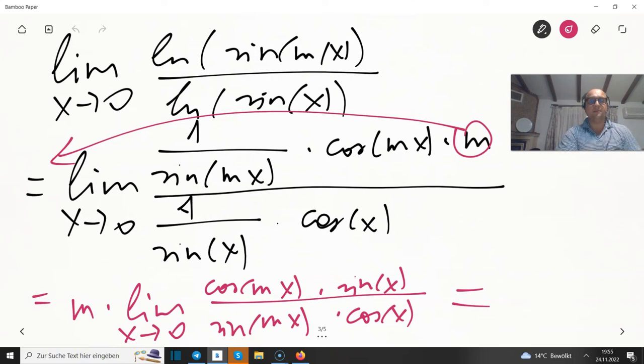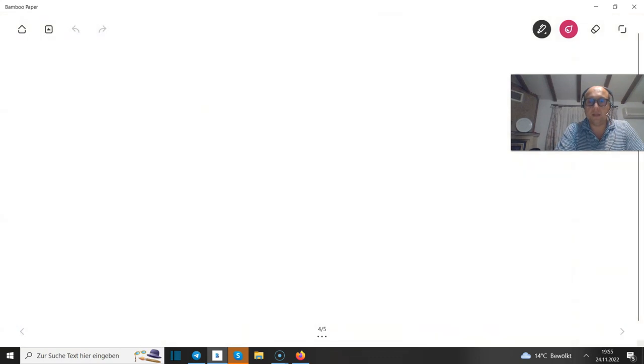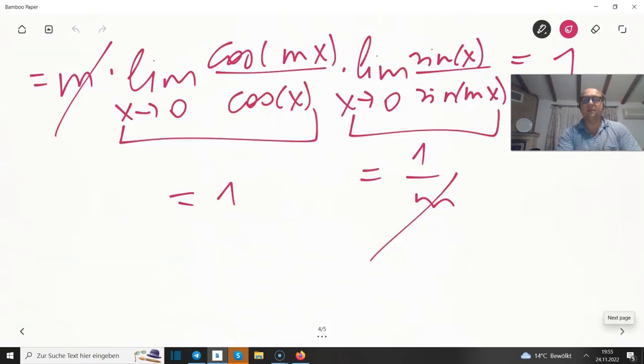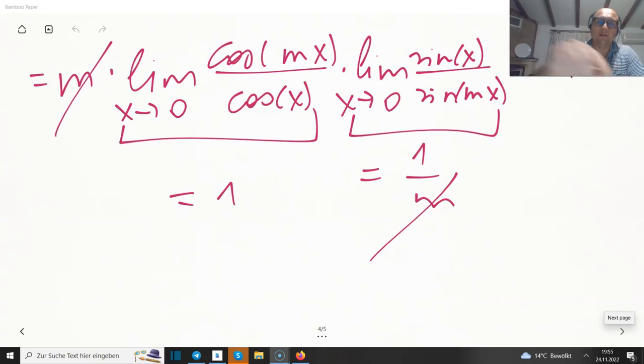Well, the thing is, I have a product of two factors, and if the limit of each factor does exist, I can split it into two parts. This is the so-called product rule of the limits, which I proved on my channel. I'll link it here again, and that would have been the third example in this L'Hopital's part number 4.